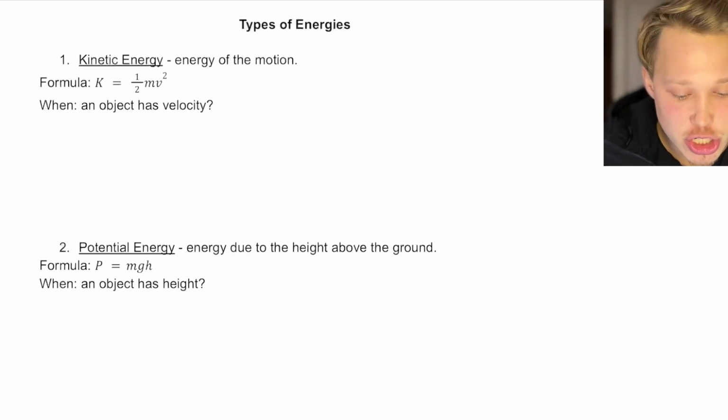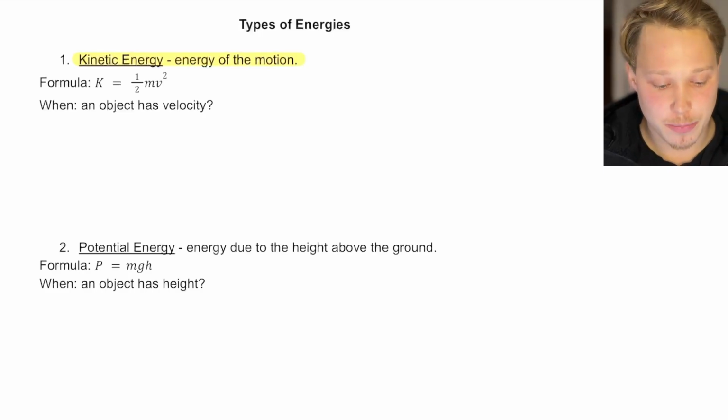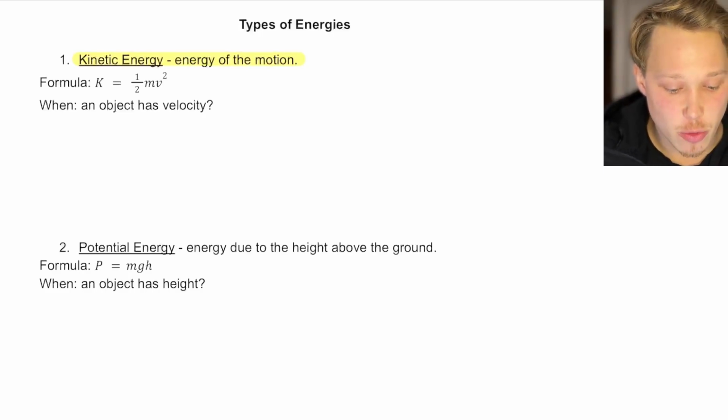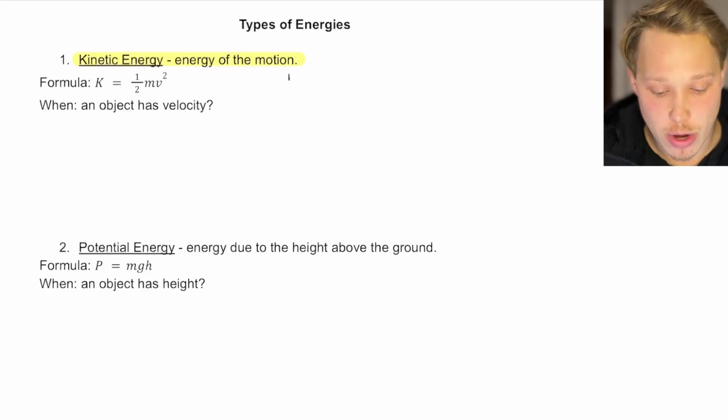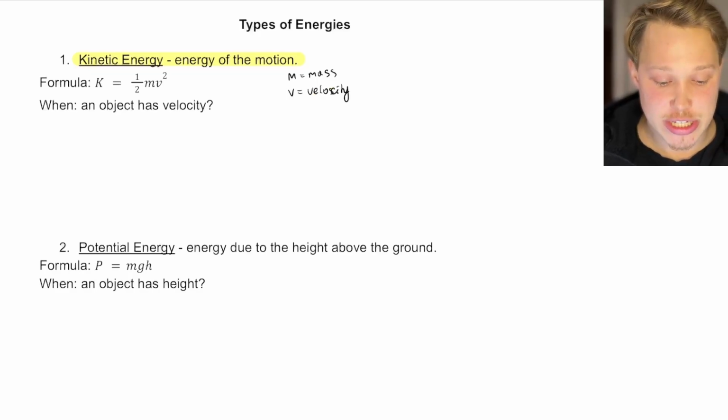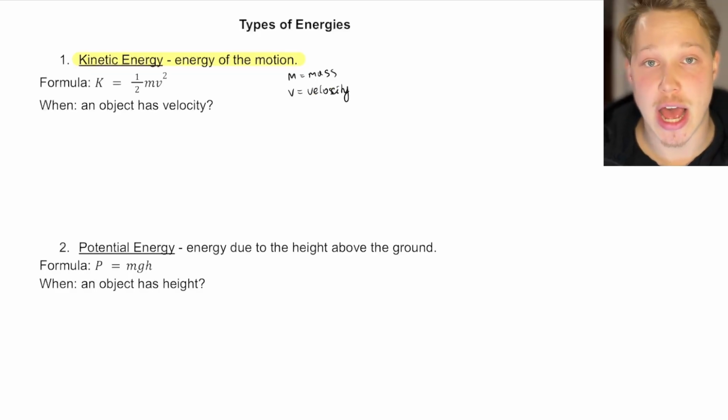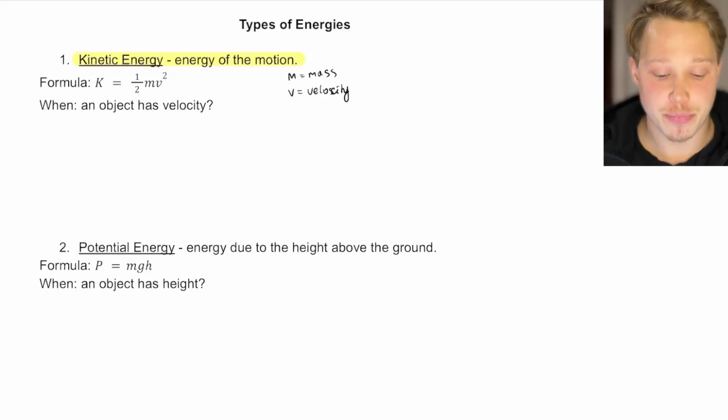So kinetic energy is the energy of motion. The formula for it is the following: 1/2 times m times v squared, where m is the mass and v is the velocity of the object. So essentially, a moving object has some kind of energy, and we call that energy kinetic energy.